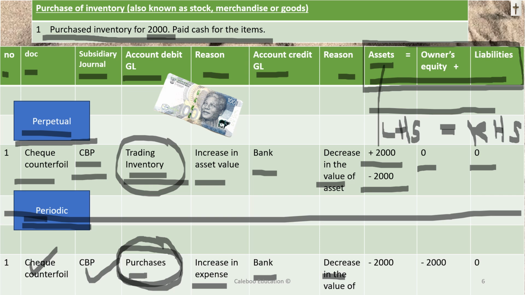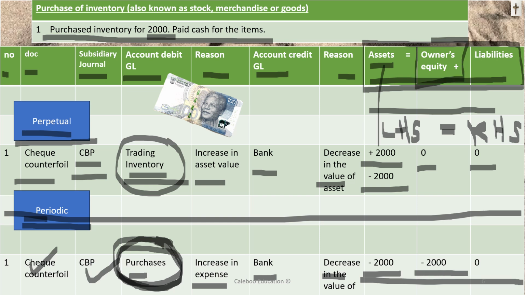Now there's a difference under the accounting equation when you compare the two. The bank balance, which is an asset, decreased by 2,000. Now purchases is an expense. What does an expense do to owner's equity?